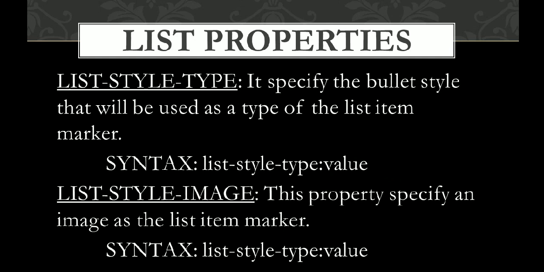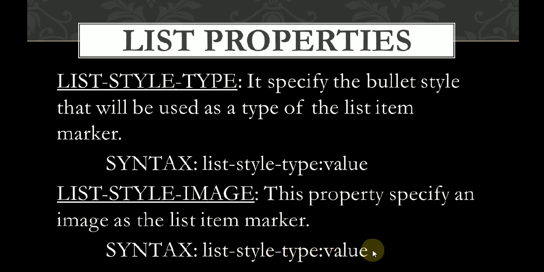Okay. The next type of style is list style image. In list style image, you specify an image as the marker. With the help of this style, you can show an image. You write list style image, then a colon, then the value.